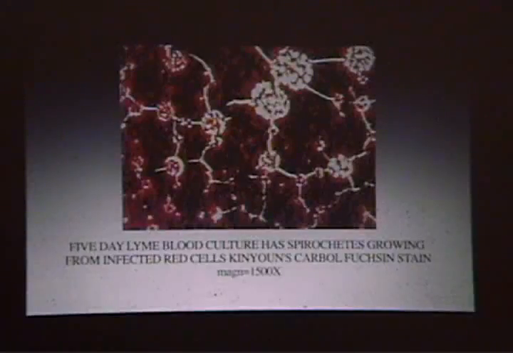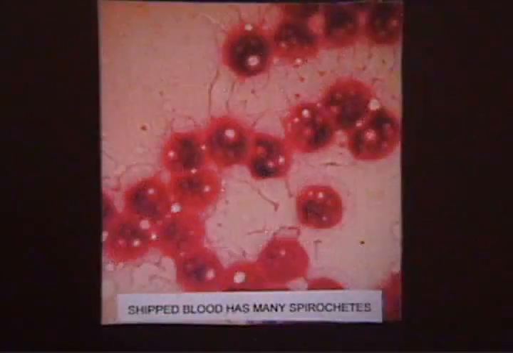So you understand how they get hemolyzed cells and are going to feel miserable. And this is merely blood that was shipped. So it had a chance to grow in the shipping temperature, and we often find shipped blood will give us a good picture without any more incubation.